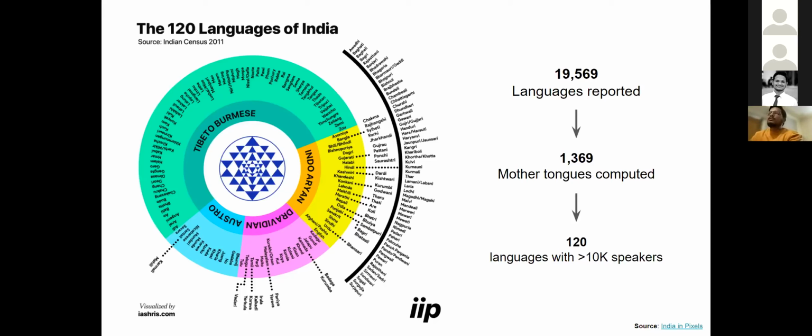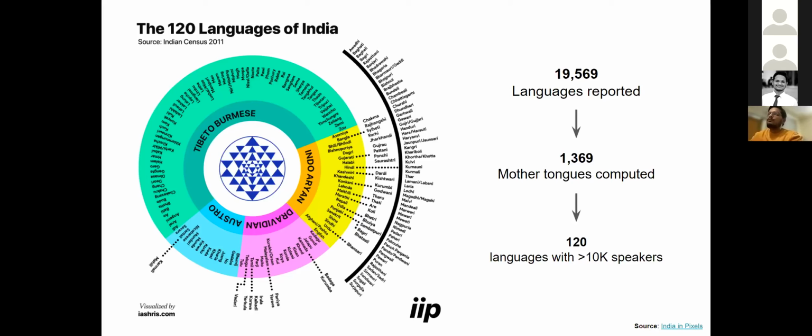Just by looking at it, we can get a sense of the diversity and complexity the Indian language space has. Just imagine developing models and AI solutions for all these languages. Sounds very interesting as well as daunting at the same time.